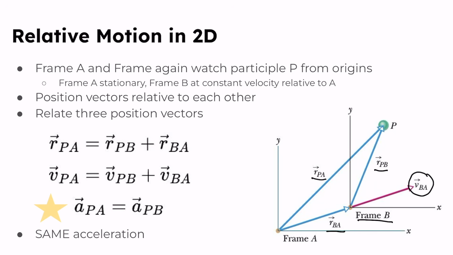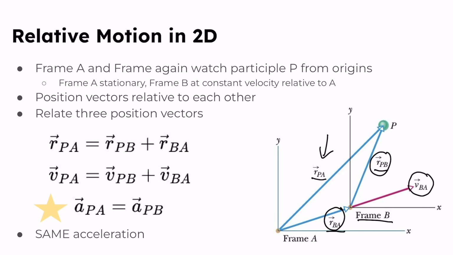From this arrangement, we can see that this position vector over here, RPA, is simply the vector addition of these 2 vectors over here. If you've watched our previous lectures on vectors, we can see that this is a head to tail arrangement of adding vectors together, and RPA is just the sum of the 2 other vectors.